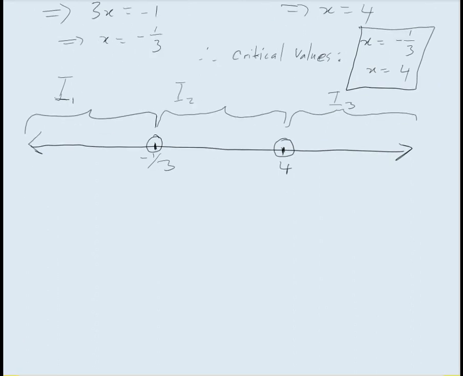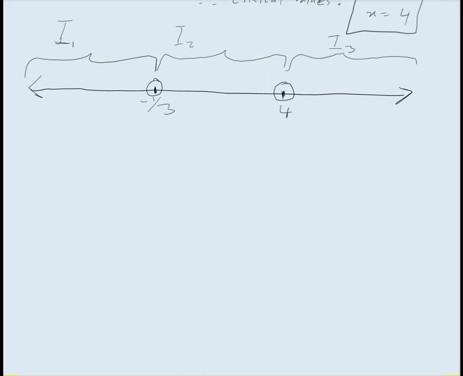So if we write this more formally, I1 is everything less than negative a third, so all the way from negative infinity up to negative a third, but not including. Not including means we put a round bracket. And with infinity we always have a round bracket because we never include infinity.